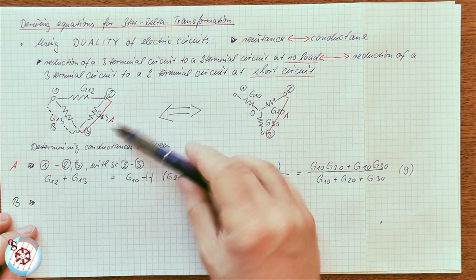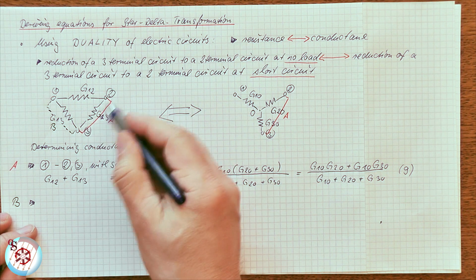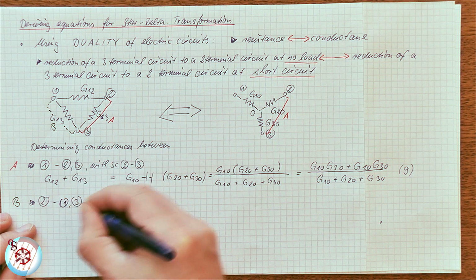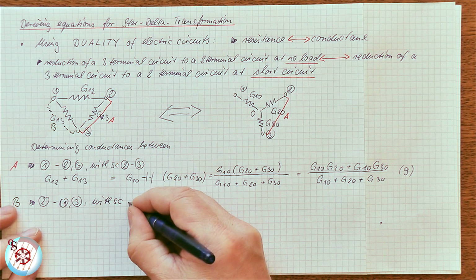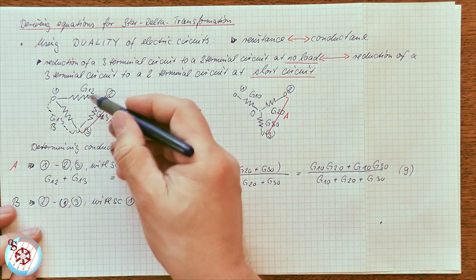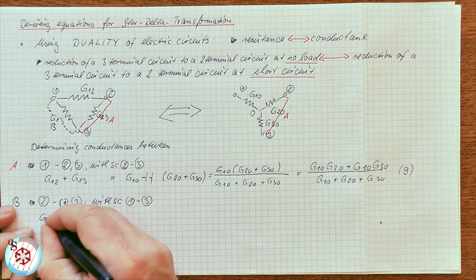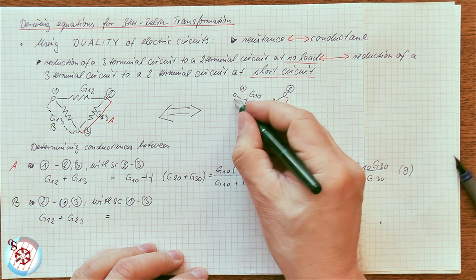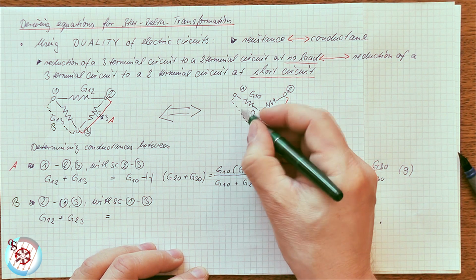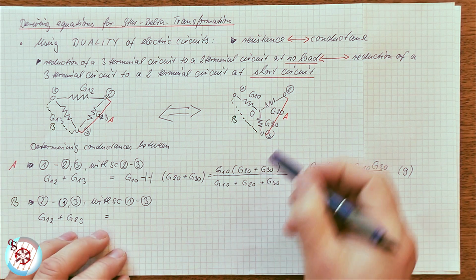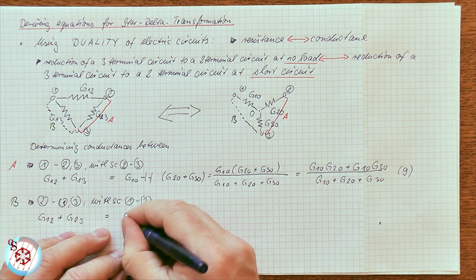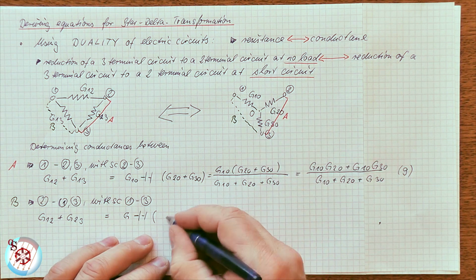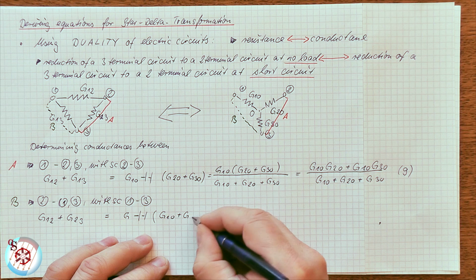So the same thing we'll do for short-circuiting 1 and 3. We determine the conductances between short-circuited 2 and 3 and short-circuited 1 and 3. With the short circuit between 1 and 3, what we get is G12 plus G23, and that equals, same here, G20 in series to the parallel conductances, it's G10 plus G30.